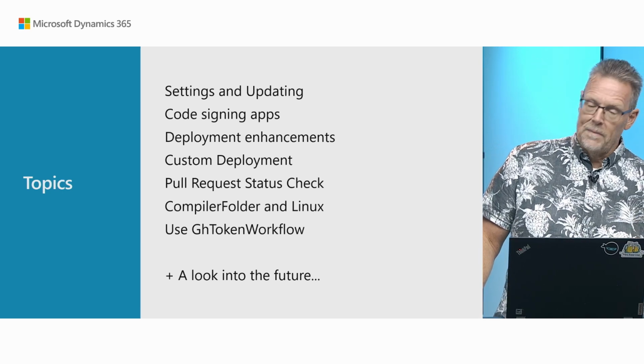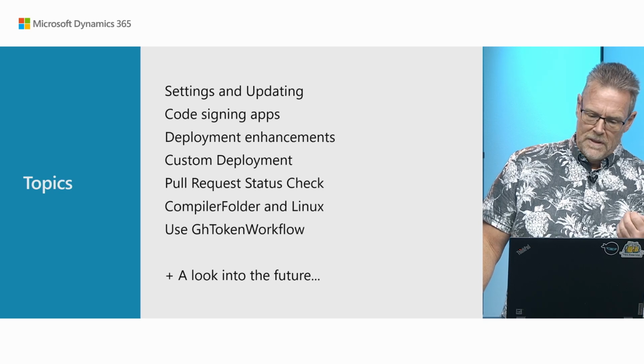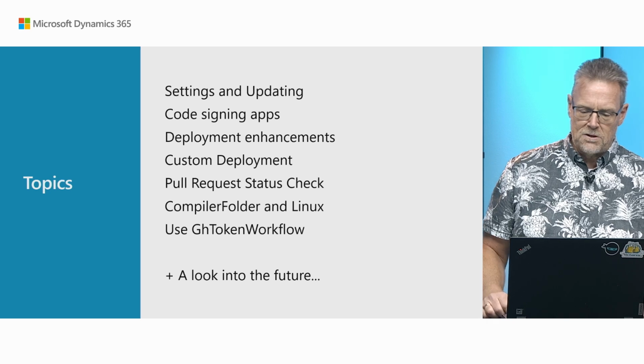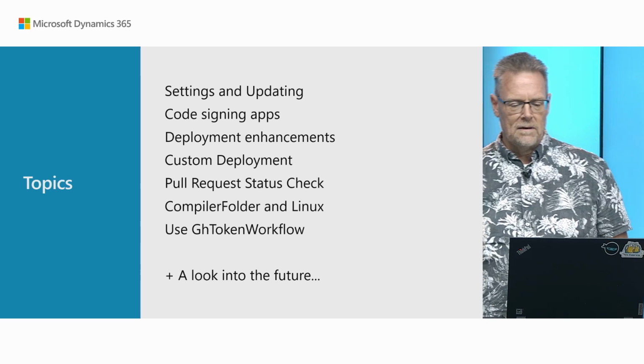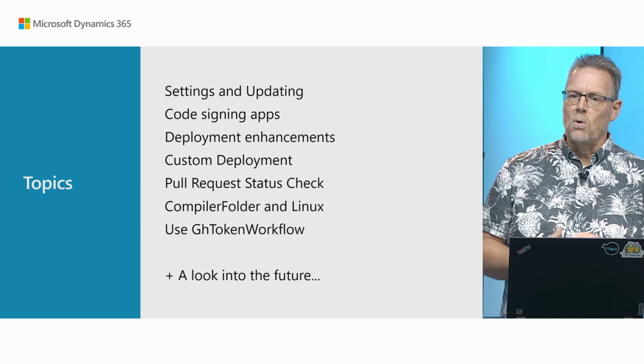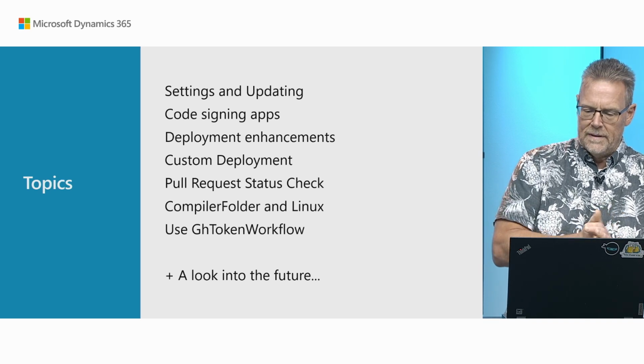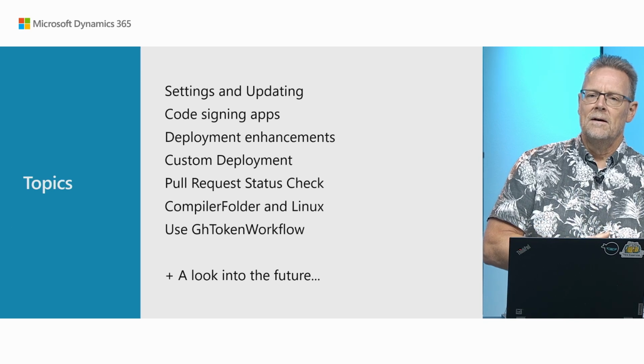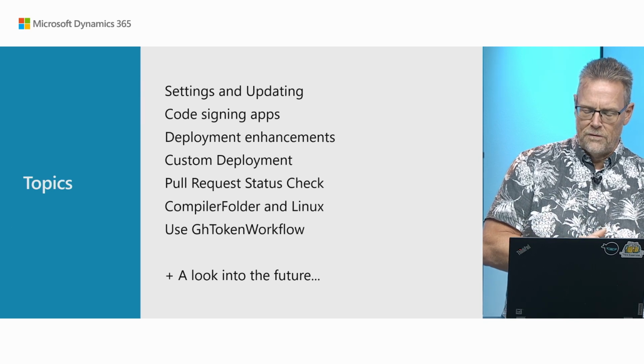There are some deployment enhancements and the possibility of doing custom deployment now. Pull request status check, compiler folder Linux, and something called the GH token workflow. I'm going to talk about those things as well. And then at the end, let's look into the future and see what might be coming in the future, actually.